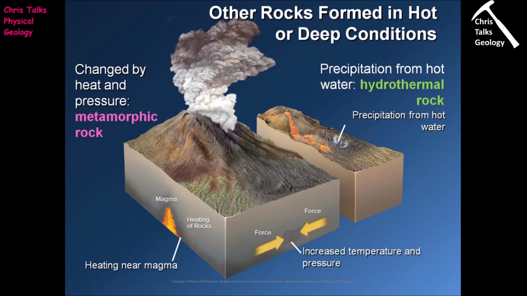However, as soon as the water starts to cool down, it can't keep all of that stuff dissolved in the water. So it has to start getting rid of some of it. And it gets rid of some of it by precipitating out minerals. It takes the stuff that's dissolved in the water and turns it into a solid mineral. And these rocks, which are formed by these minerals being released by the cooling water, are hydrothermal rocks.